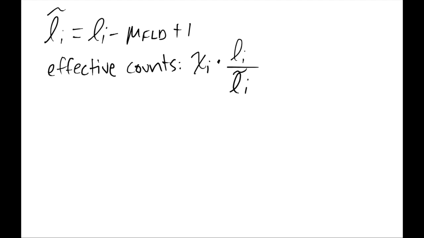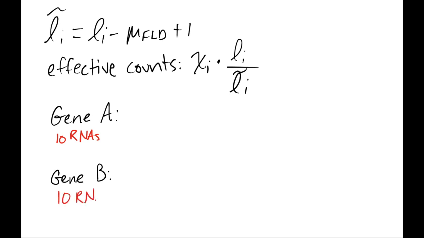And I always find that it's better to look at these things with an example. So my example will include gene A and gene B. Firstly, you would never know this in an RNA-seq experiment, but let's just say that divine providence has told us there are 10 RNAs of gene A and that there are 10 RNAs of gene B. What we would know, though, is that gene A has a length of 600 base pairs and that gene B has a length of 1200 base pairs.